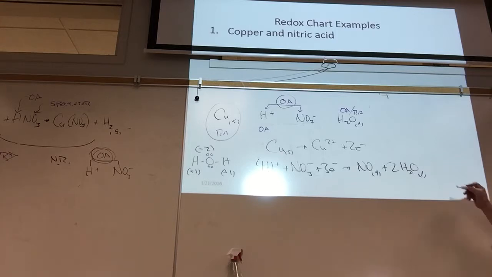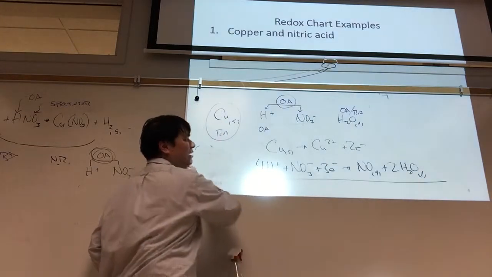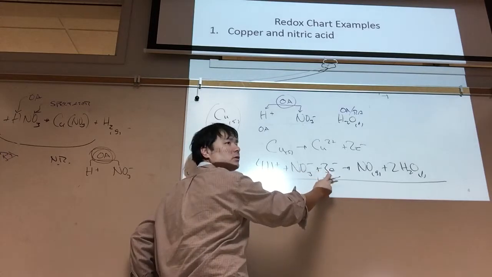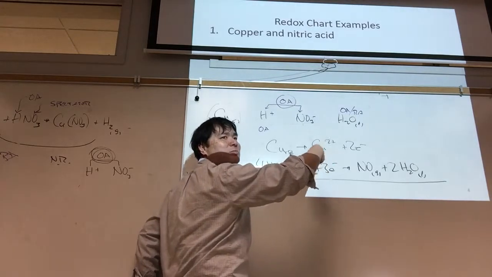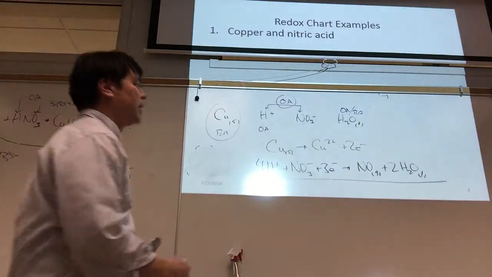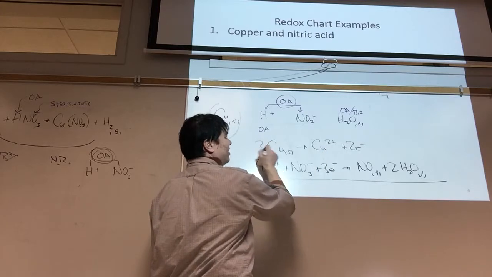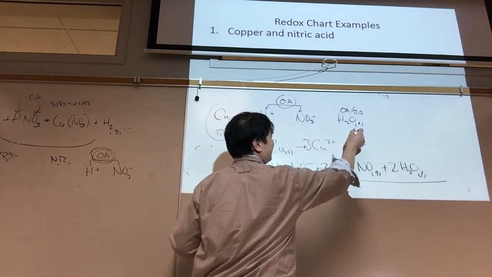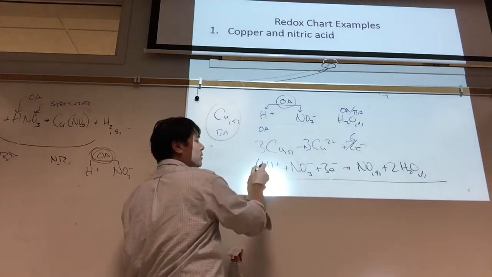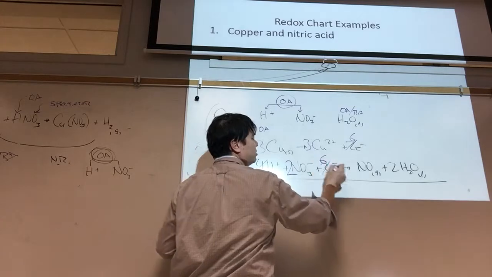And then I got to add these up. But the problem with adding these up is this. Copper produces 2 electrons. Nitric acid consumes 3 electrons. It's mismatched. To fix this mismatch, I'm going to multiply the top one by 3. And so 3 coppers will produce 6 electrons. And I'm going to multiply the bottom one by 2, so I consume 6 electrons.